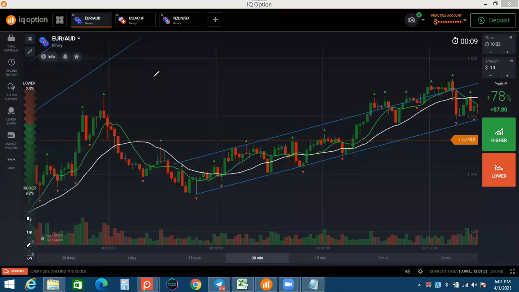I wait for the candle to close on the level or between the support or resistance area, then place a trade. But what usually happens is the candle touches that level and drastically comes down, and I miss the opportunity of placing a trade. Can you explain the reason why it happens, sir?